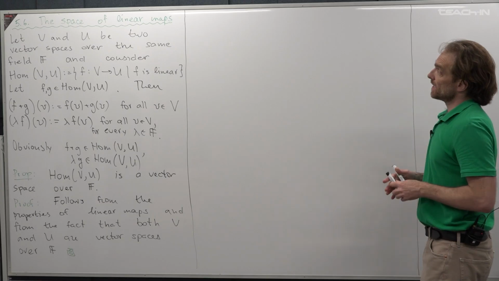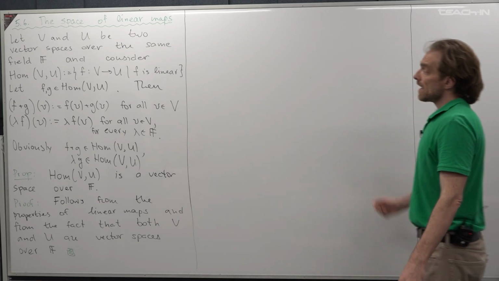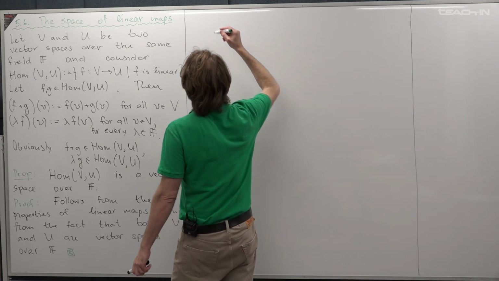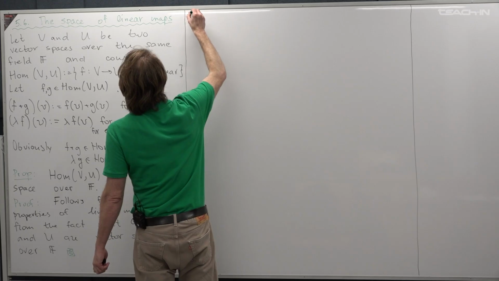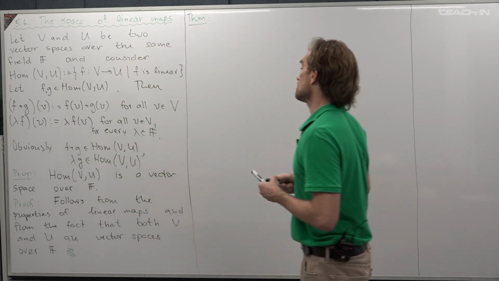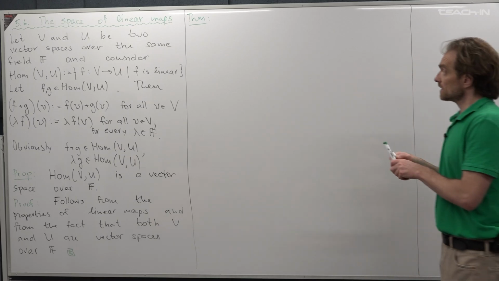So we get a linear space of linear mappings from V to U, and another important result is that this vector space is isomorphic to the space of matrices.